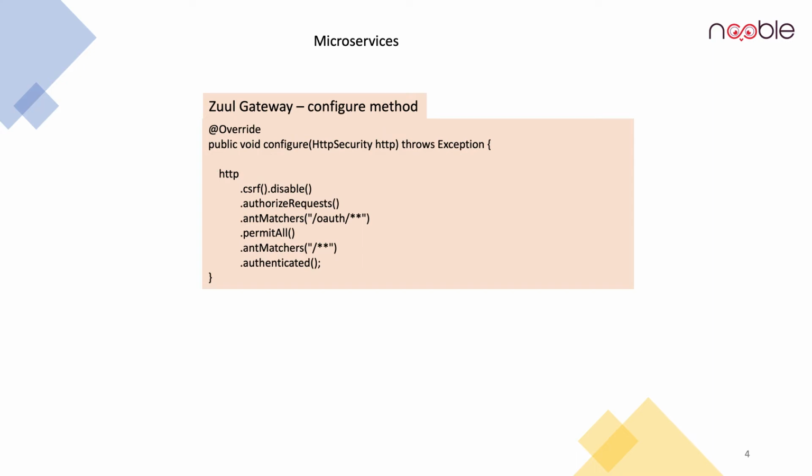Now again coming to Zuul Gateway, I'll be overriding the configure method where I'll be authorizing every request with /auth/ and anything that comes after that. I'll permit all the methods to pass through and any other request will be required to get authenticated.